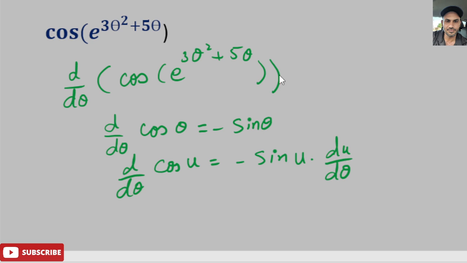So here in the first derivative, u is equal to e to the 3 theta squared plus 5 theta. So I'm going to plug this function into our chain rule and simplify after that.